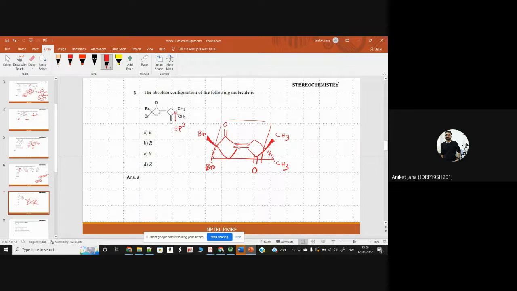So it is not optically active at all, so we cannot designate it as R or S, right? Is it clear? Yes, sir. Okay. So now tell me, regarding E or Z, which one is the right option?